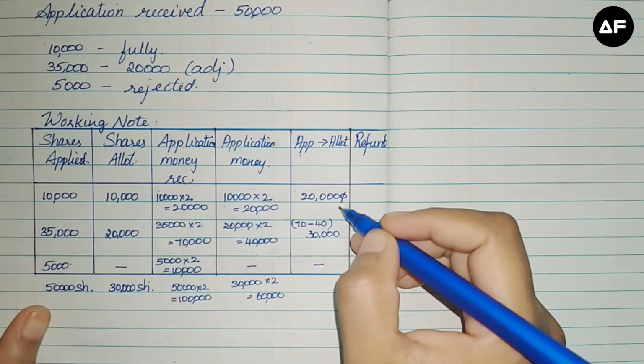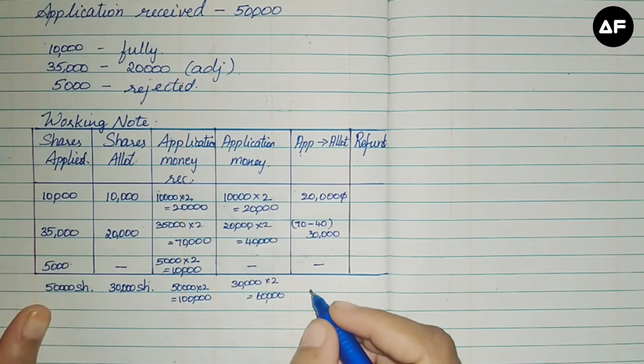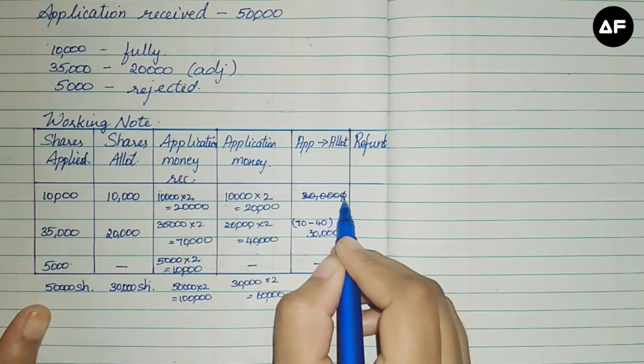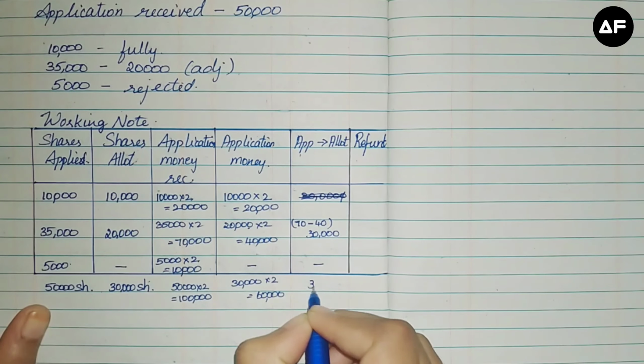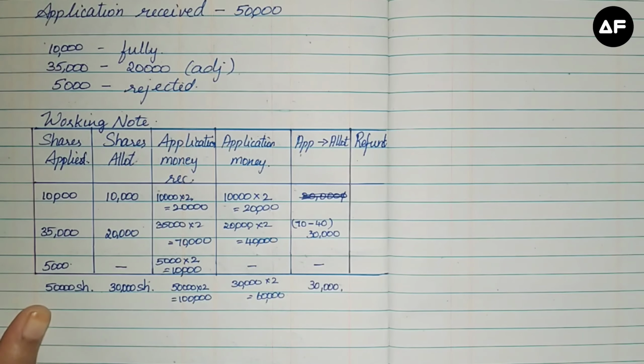So just add the values up. This 20,000 doesn't come into the scene because it has been fully allotted. Only this 30,000 is being adjusted towards the allotment.